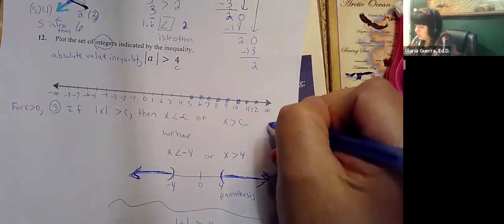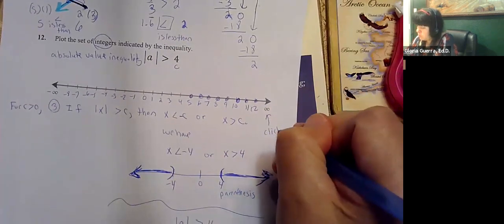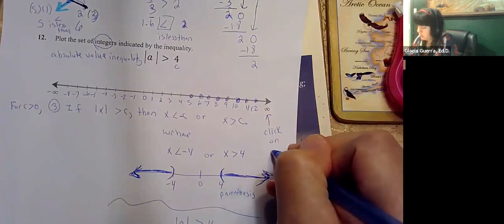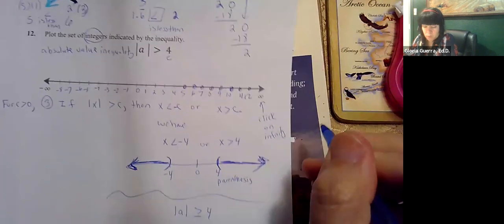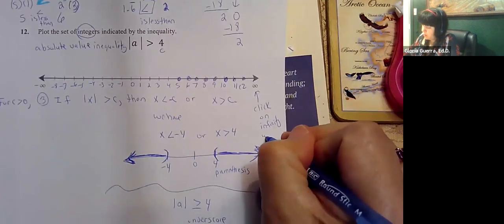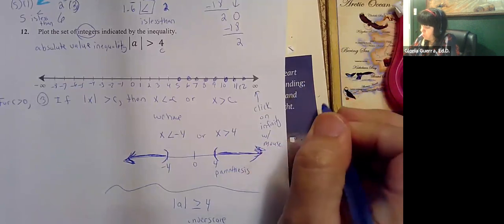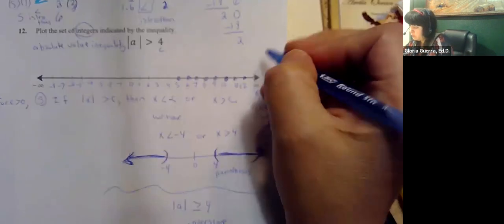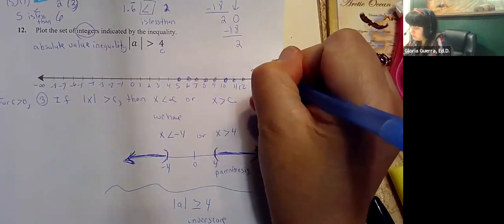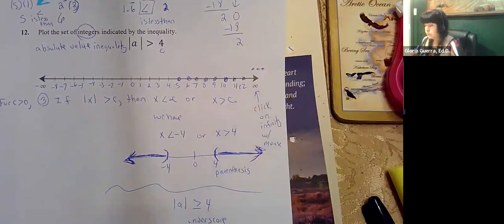Then you want to click on the infinity with your mouse. When you click on that infinity, these 3 dots open up.